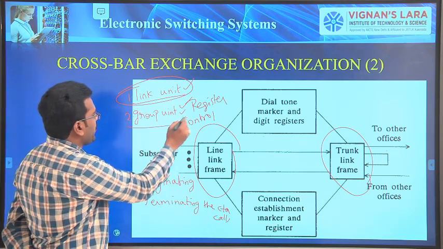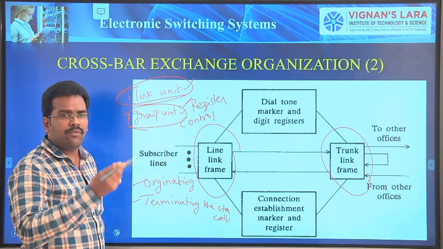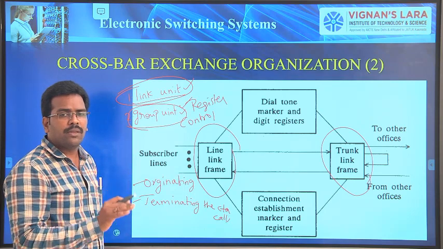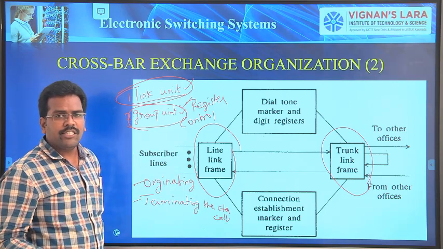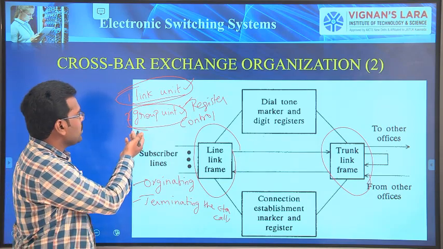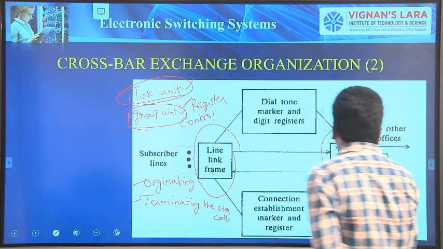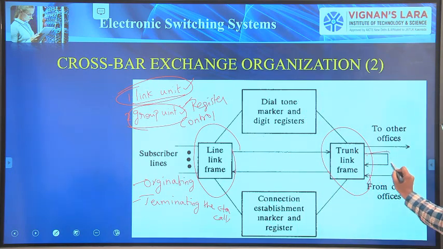What is the use of group units? Group units are used only unidirectionally, that is, only for transmitting calls from one exchange to another exchange. We use these trunk line groups, called group units. One more thing, if you observe clearly here, you can see a folded connection.